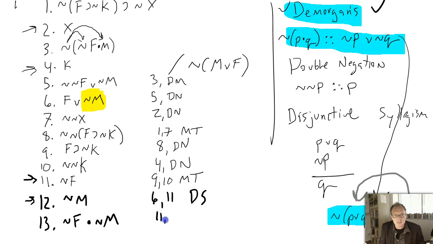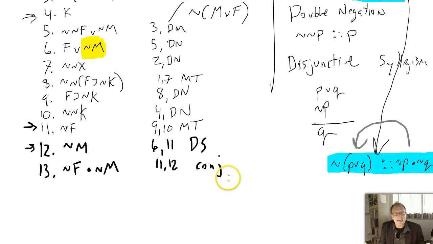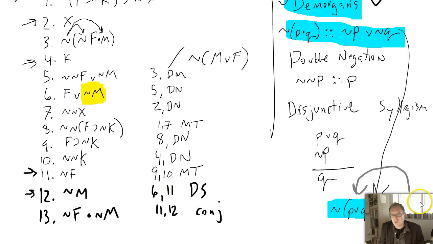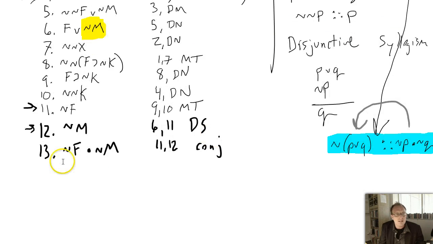So I'm going to use 11 and 12, conjunction. Now that I've conjoined these two, I can convert it using the De Morgan's rule into exactly what this looks like right here. So line 14 is going to be not (F or M).